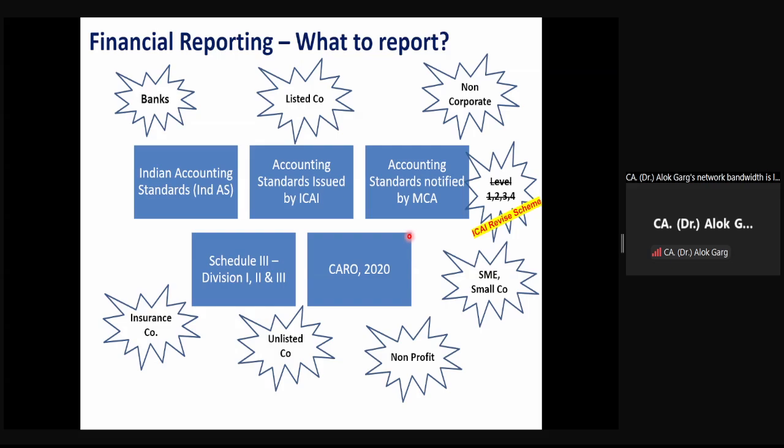In one client, accounting standards are applicable; in another client, Ind AS are applicable; in another client, you have to follow accounting standards issued by ICAI, right? So you are the one person auditing different clients, applying different sets of principles. At times there is a lot of chance that our principles from one client get mixed or overlapped with another client, right?